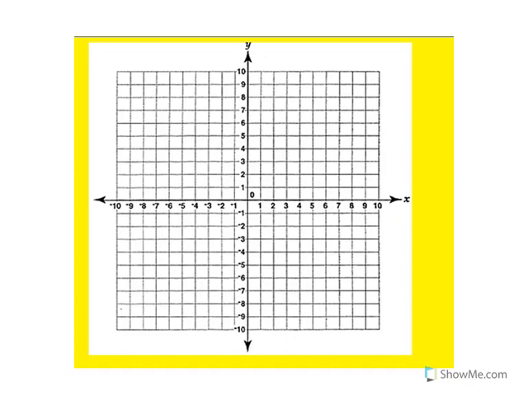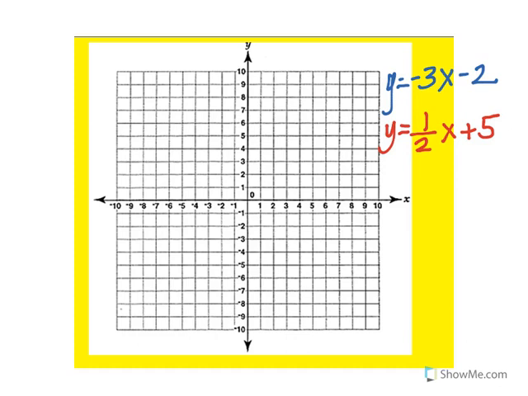So on your graph paper, you're going to graph y equals -3x minus 2. Okay, so we have two equations that we have to graph. We have to graph y equals -3x minus 2, and then we have to graph y equals 1/2 x plus 5.